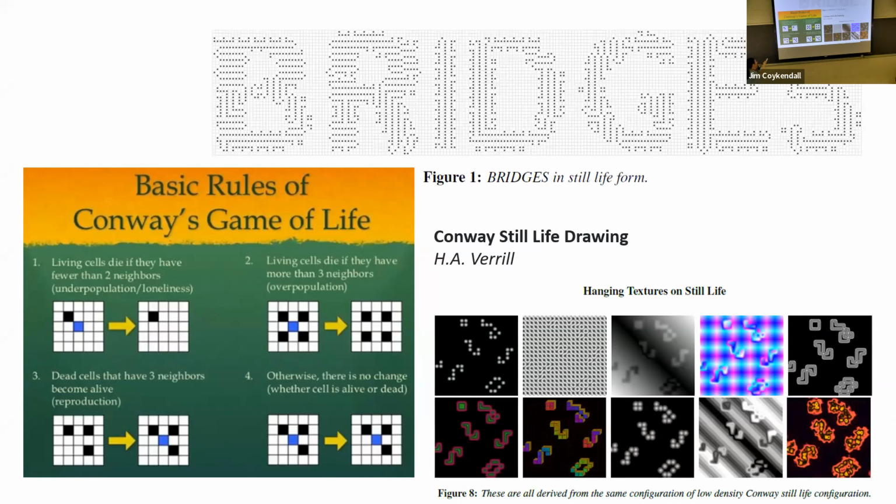So there are rules about the Game of Life. Living cells will die if they have too few neighbors because they are lonely. So like these cells, they only get one neighbor, so they will die. This blue cell has 4 neighbors. If we get too many neighbors, it will also die due to overpopulation.